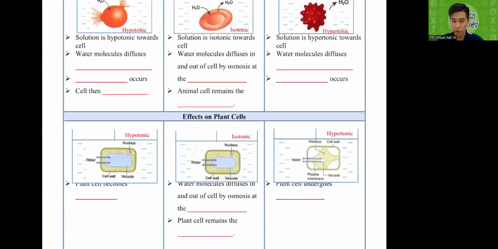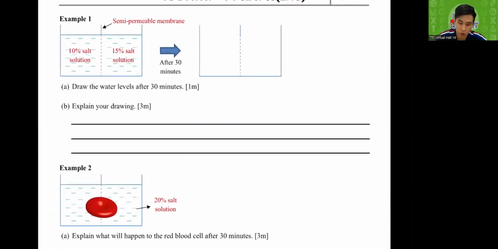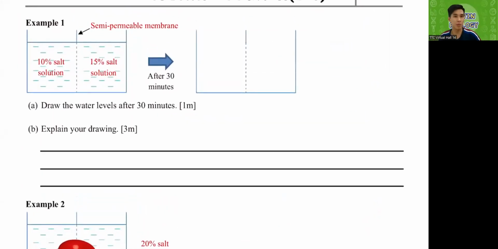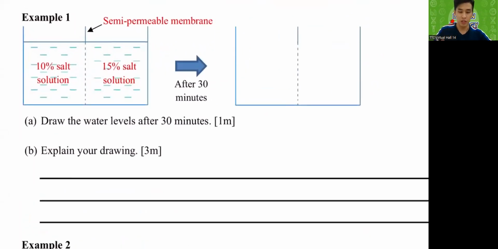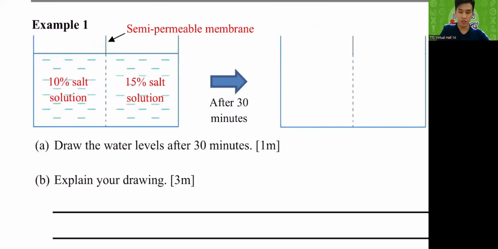Now I don't want to fill up here one by one because definitely not enough time. So we'll redo the example question here. The first example: draw the water levels after 30 minutes. This is the exact same example that I just drew for you. We already said water will always go from hypo to hyper, more water to less water. Again, I'm going to label here A and B, easier for us to do the question.